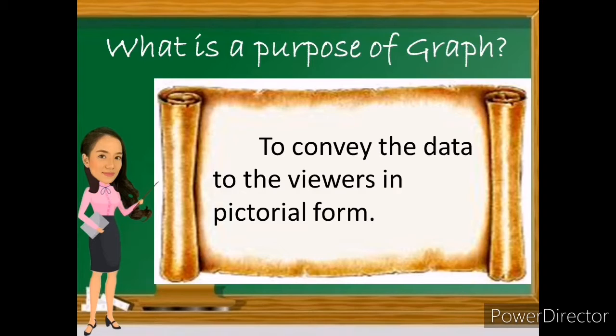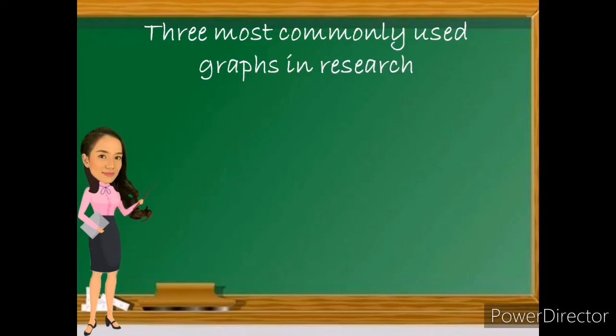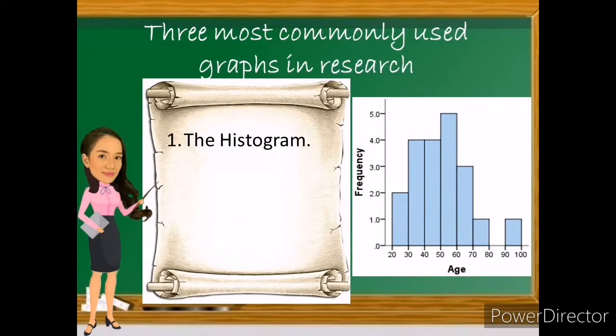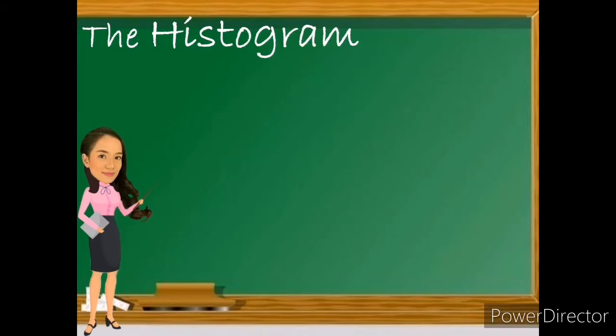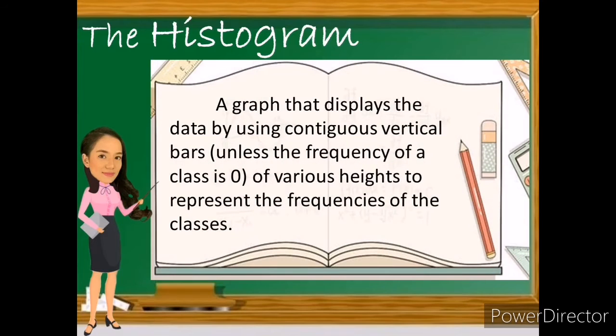So let us now proceed to the three most commonly used graphs in research: the histogram, the frequency polygon, and the cumulative frequency graph or ogive. The histogram. The histogram is a graph that displays the data by using contiguous vertical bars, unless the frequency of a class is 0, of various heights to represent the frequencies of the classes.